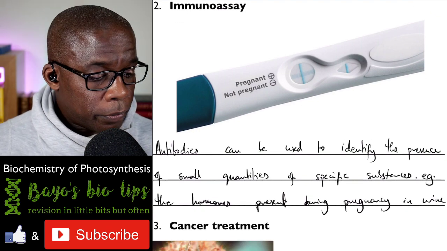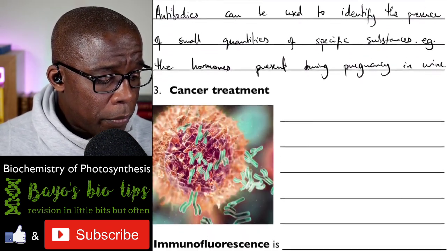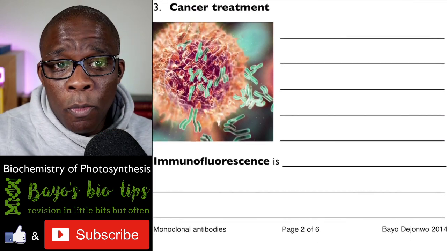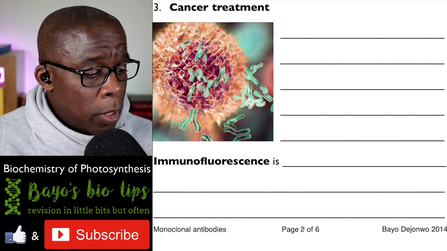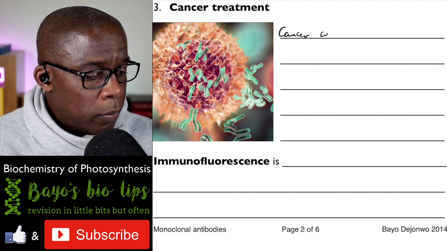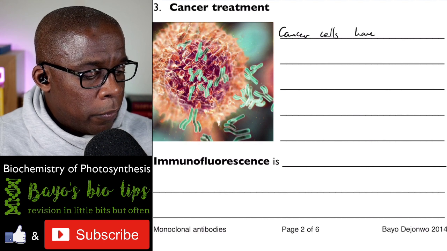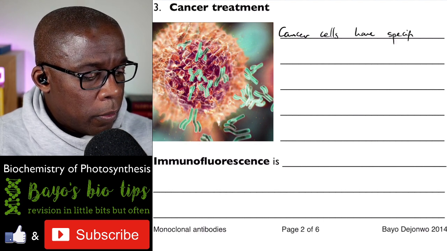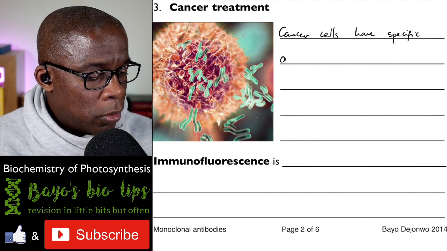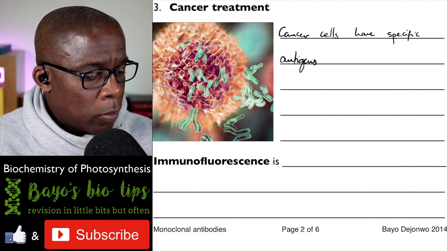Okay, so that's immunoassay. Another possible use is in the treatment of cancer. We're going to do a bit more on this later on in the video, but this will just be a little introduction. Cancer cells have specific antigens on their surface.